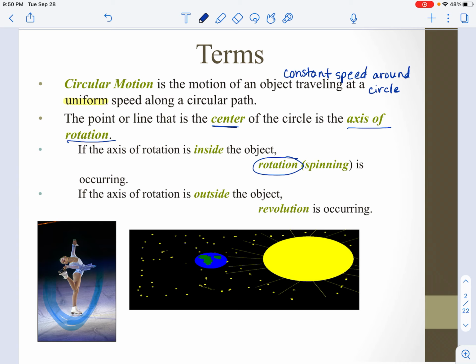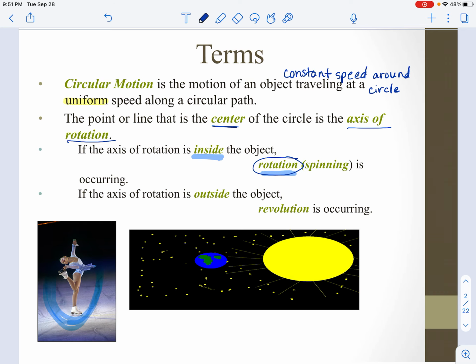If we think of a point from above, it would be right in the middle of our head, pointing down, that would represent the center of the circle. So whenever that axis of rotation or that center of the circle is located inside of the object, so the center of the spinning skater is inside of her own body, we are going to call that rotation.